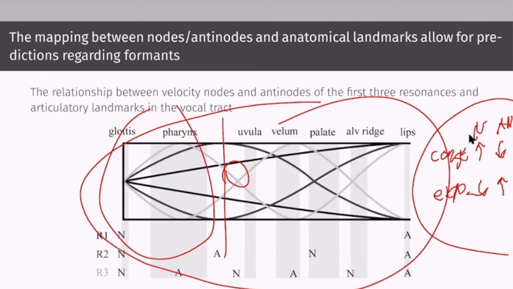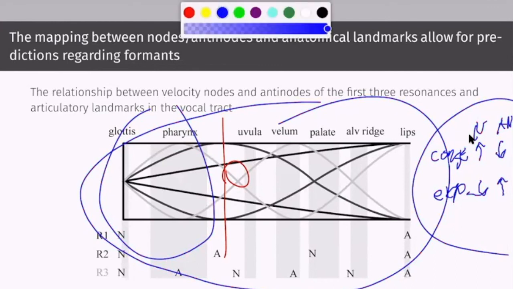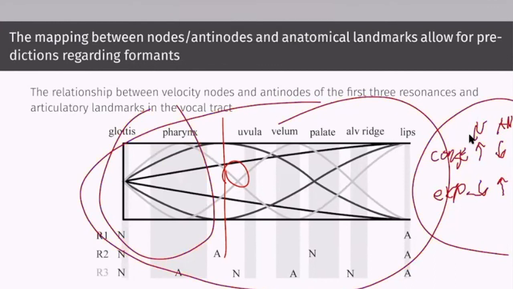So let's say there's a constriction right here at the lips.